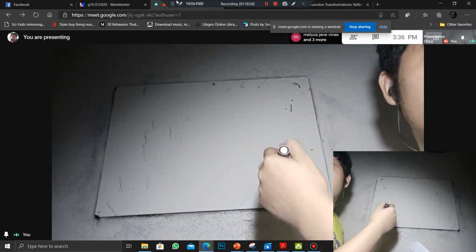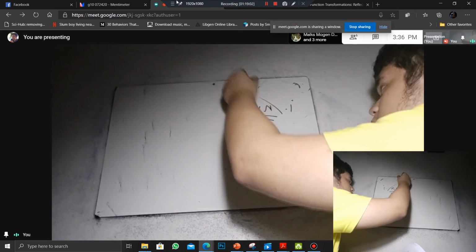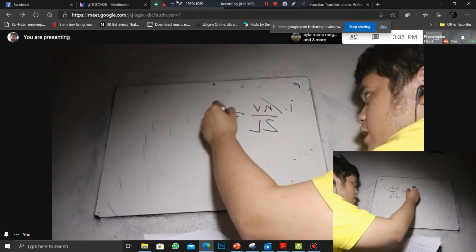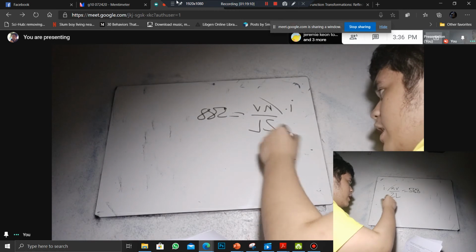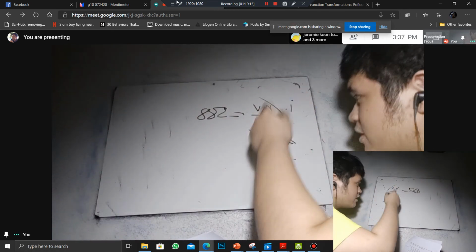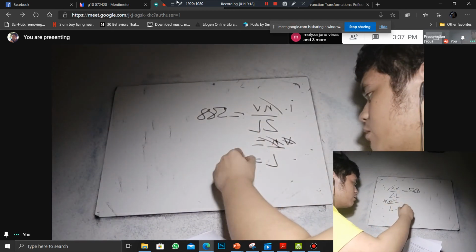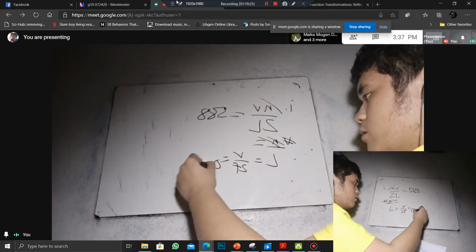N equals 1. V over 2L equals 588. Length of the pipe, L equals V over 2F, di ba? Equals 0.292 pag kinalculate natin.